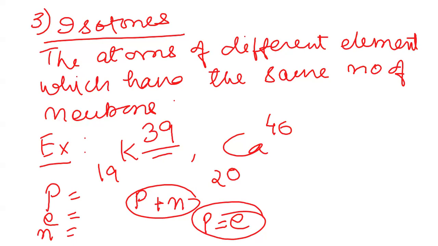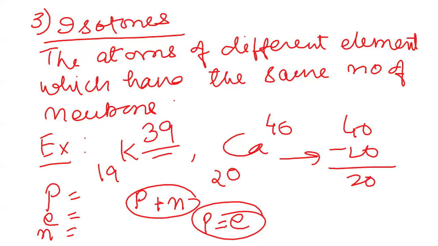For potassium 20, and for calcium 20. Calcium is 40 and 20, so the number of protons and electrons will be 20 each, and neutrons will be 40 minus 20, that is 20.